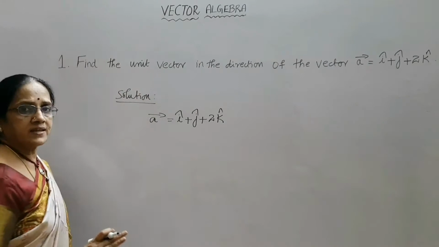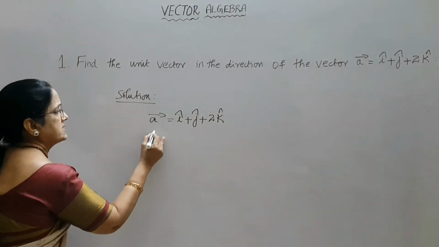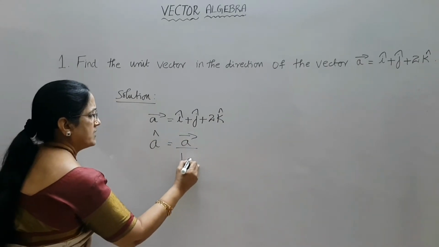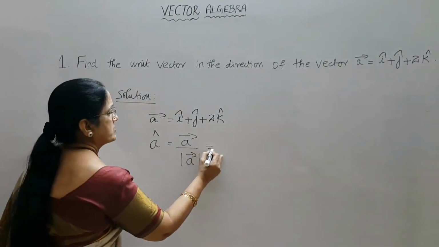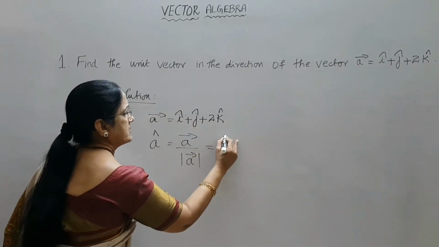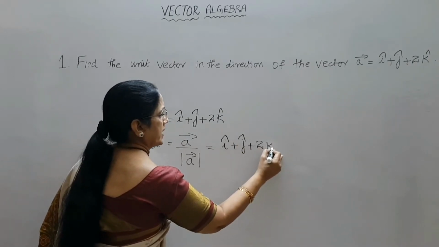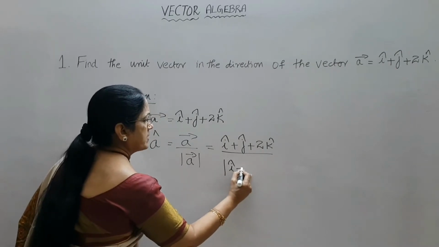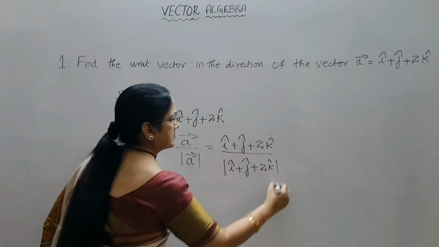Normally, unit vector is represented by A cap, which is nothing but A vector by modulus A vector. Now, let me substitute. A vector is nothing but i cap plus j cap plus 2k cap by modulus i cap plus j cap plus 2k cap.